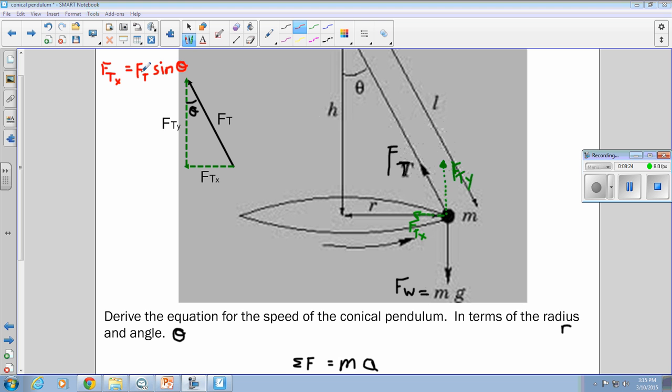So if I would bring this over to the other side, I'd have to divide both sides. In this case, the opposite is the x component, which tells us that the force tension in the y is going to be using force tension times cosine theta.